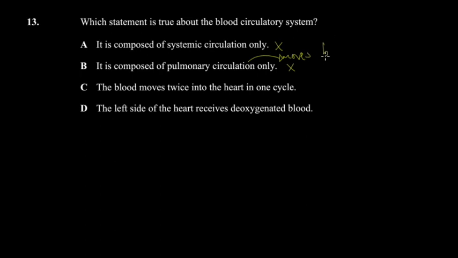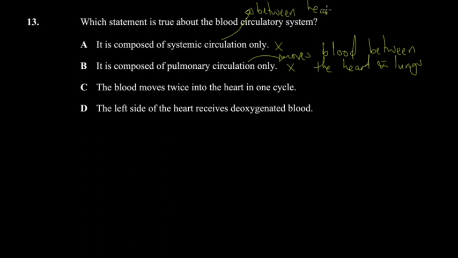The pulmonary circulation system moves blood between the heart and the lungs, and then the systemic circulatory system moves blood between the heart and the rest of the body.